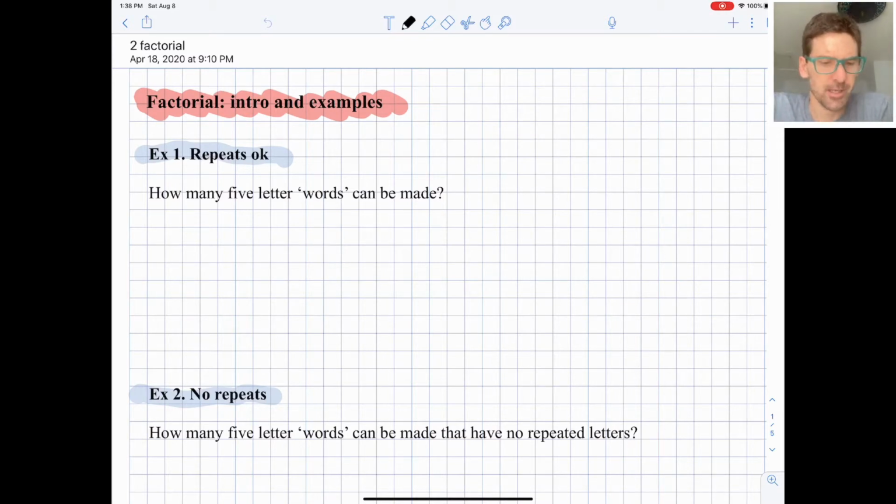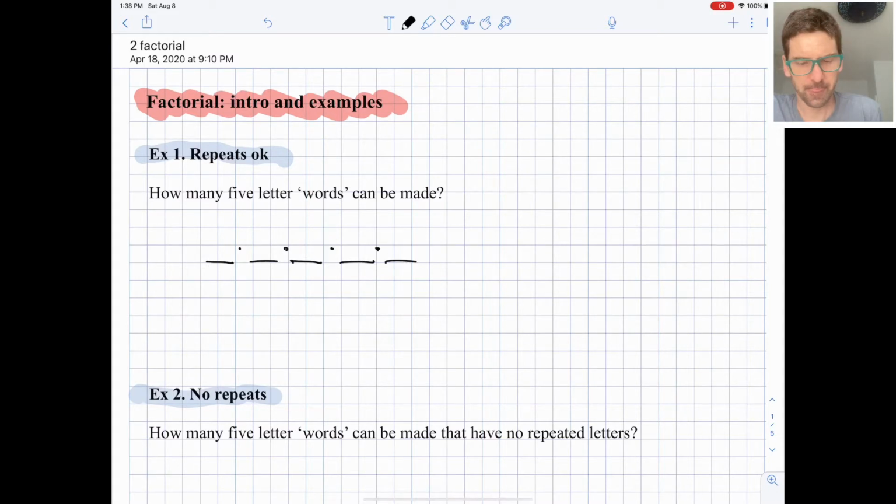First example, let's say repeats are okay, and the question is how many 5-letter words can be made, reminding ourselves that we don't need an actual English dictionary word, and we're working with the 26-letter English alphabet. So a reminder of the fundamental counting principle: every decision we make gets a slot. And how many options do we have for each decision?